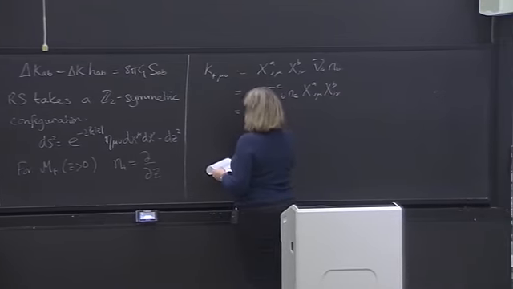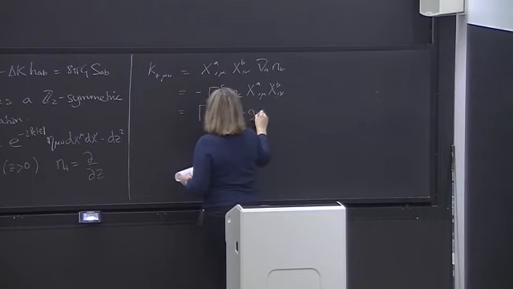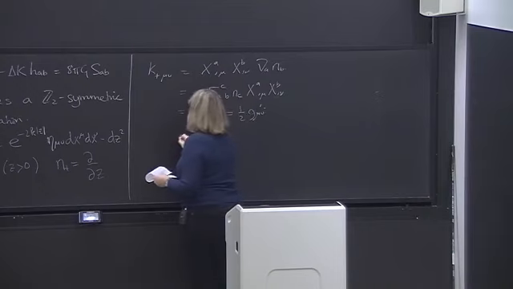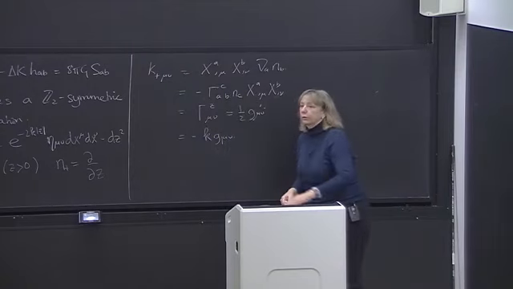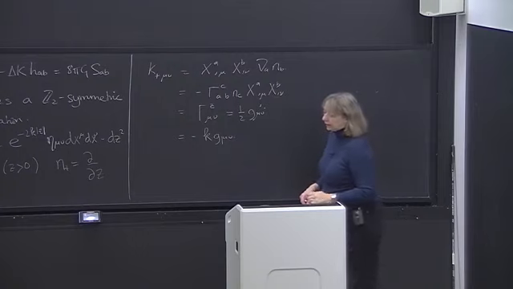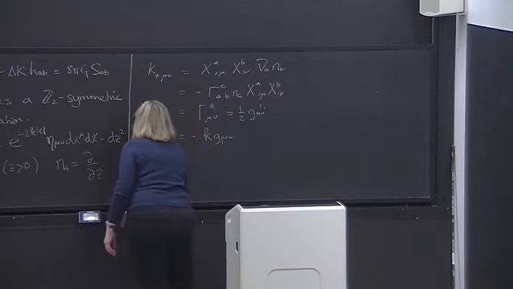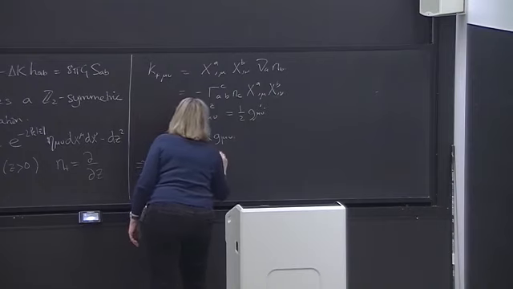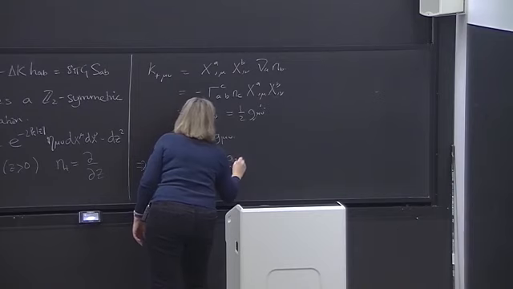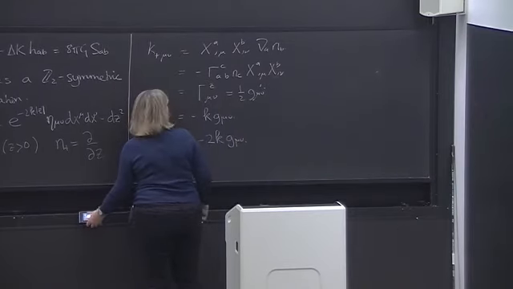And so really all I've got is Gamma^z_mu nu, which is a half g_mu nu primed, and so that's minus k g_mu nu. So that's what my extrinsic curvature is, and so my jump in extrinsic curvature is simply proportional to the metric.